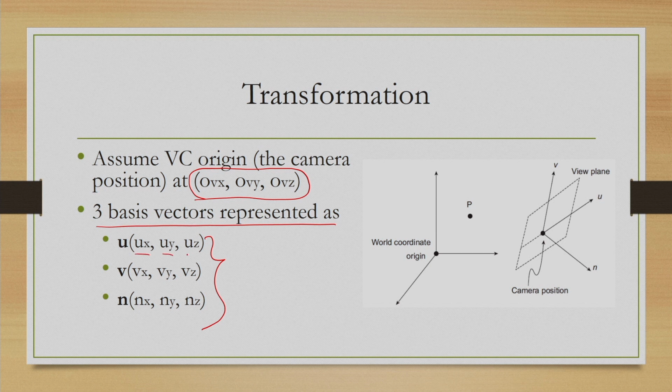These are the x, y and z components of the basis vectors, and this representation we will follow to formulate our mechanism to transform any arbitrary point in the world coordinate scene to a point in the view coordinate system.